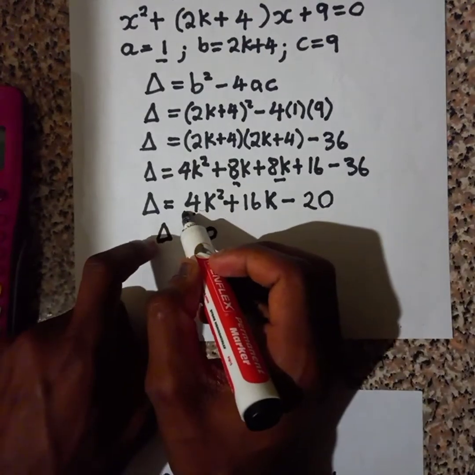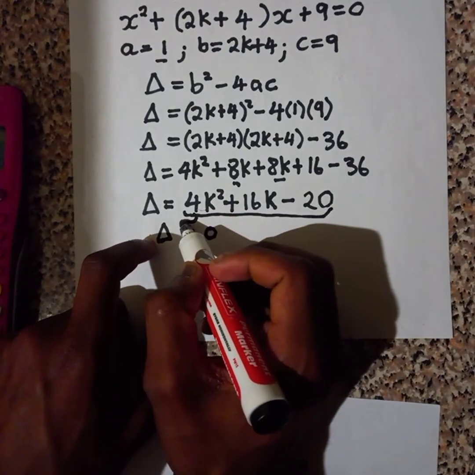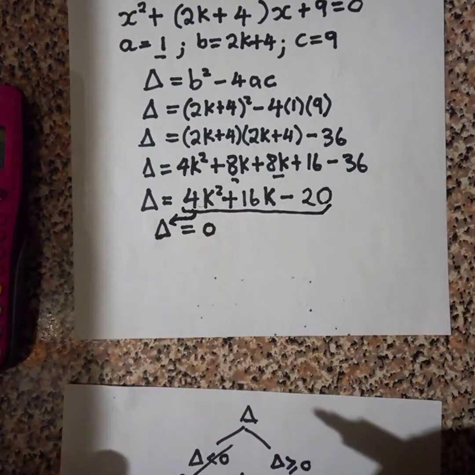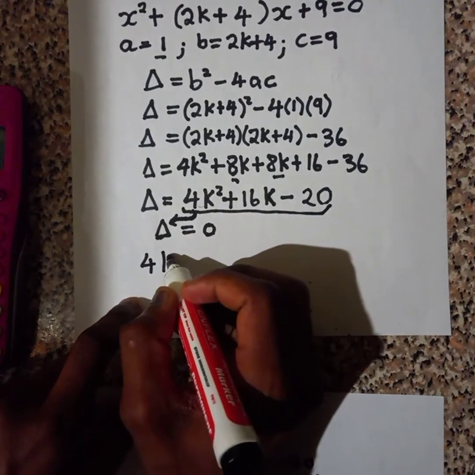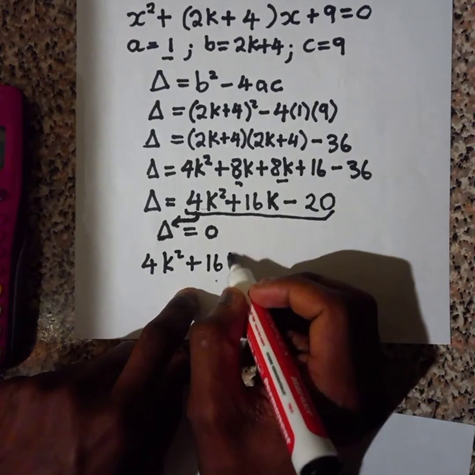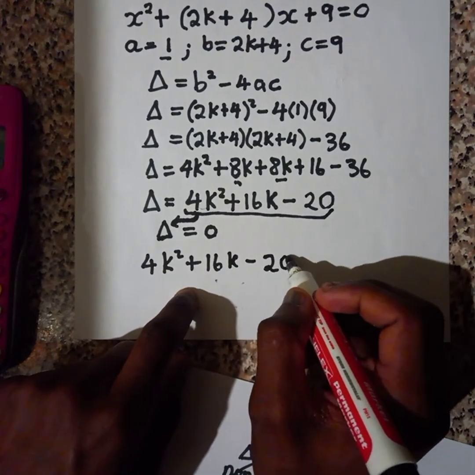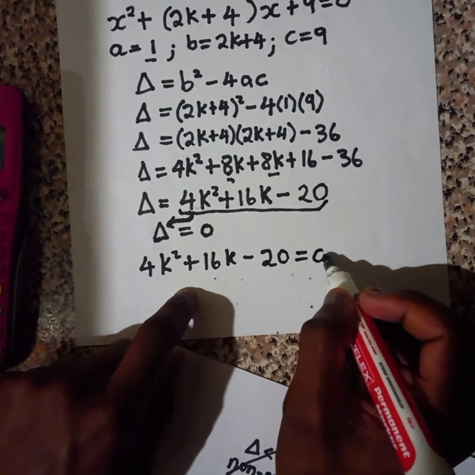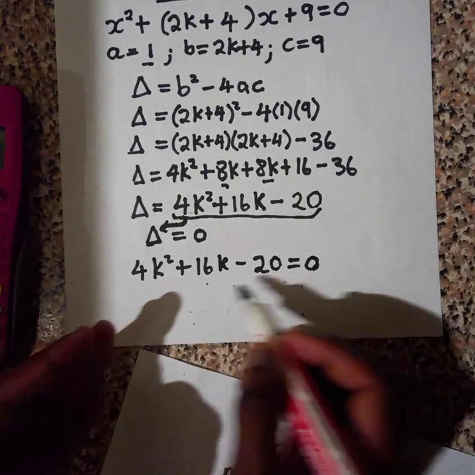We'll then substitute the whole expression, so it will look like this: 4k squared plus 16k minus 20 is equal to 0. Do you understand?